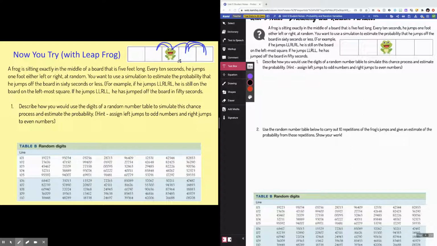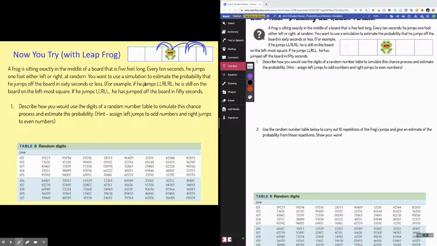In the first example, that would count as a success, meaning he jumped off the board. This second example would be a failure because he's still on the board.